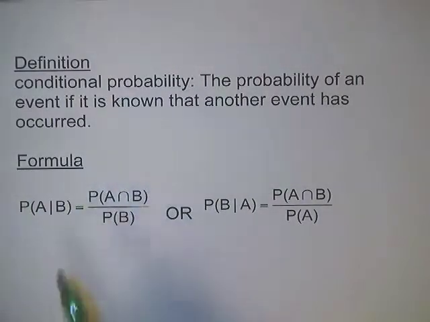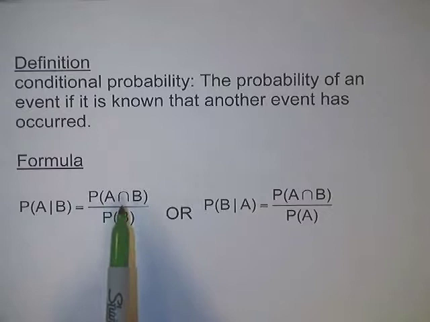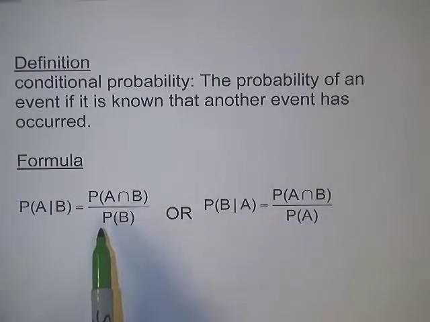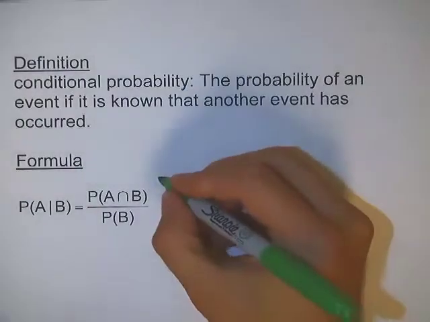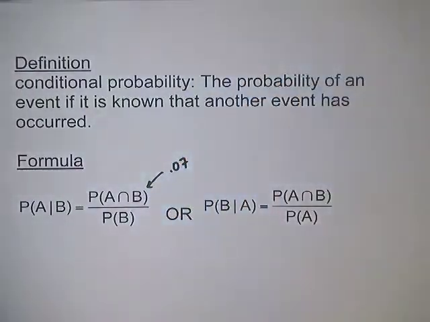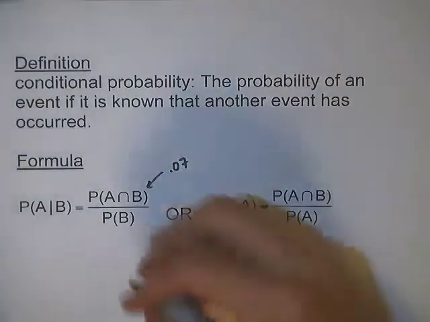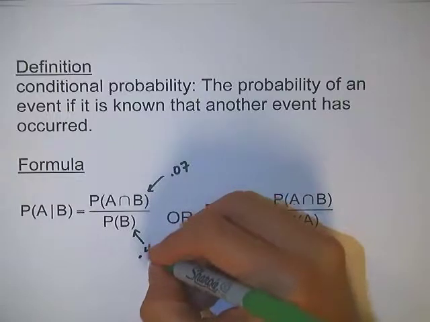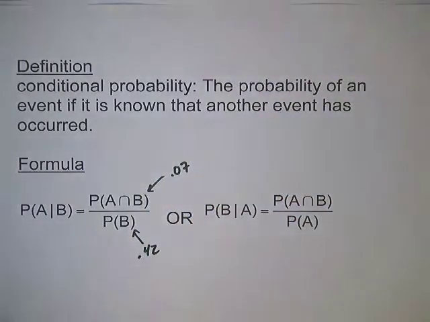The formula that we used here was the probability of A given B, which is the probability of A and B divided by the probability of B. So what we did is we took the 0.07, which was that overlapping region, and we divided by the probability of brown eyes, which was 0.42. These came pretty much right off of the Venn diagram.